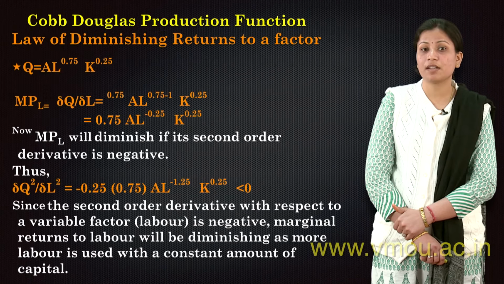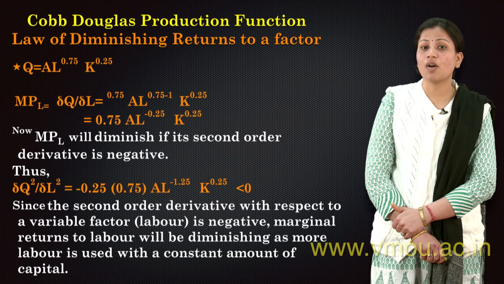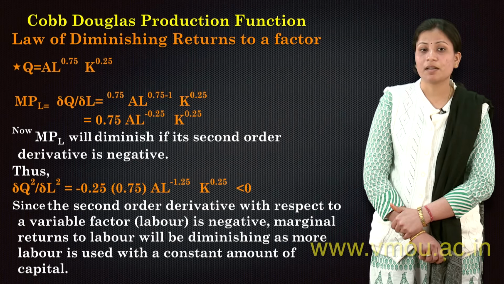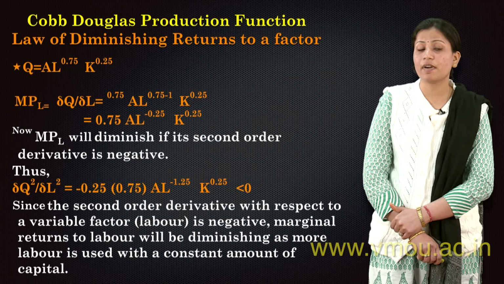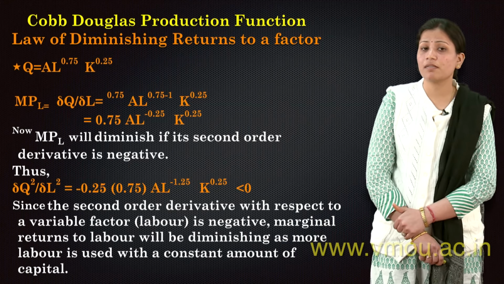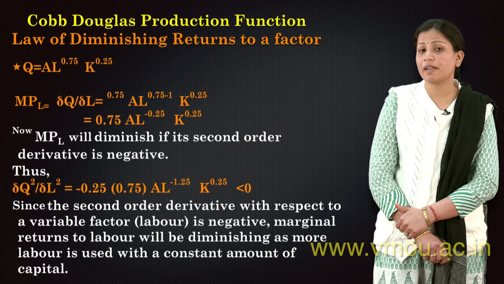Now, the next feature of the Cobb-Douglas production function is that the law of diminishing returns to a factor also holds true. Suppose there is a given function q equals A L raised to 0.75 K raised to 0.25. Now you will be aware of these 0.75 and 0.25 figures.